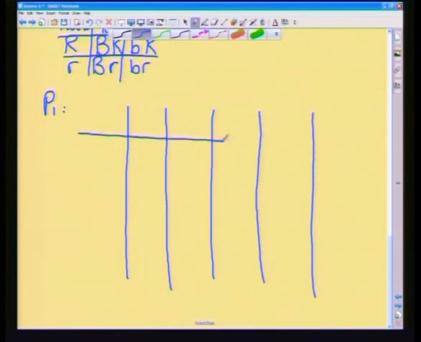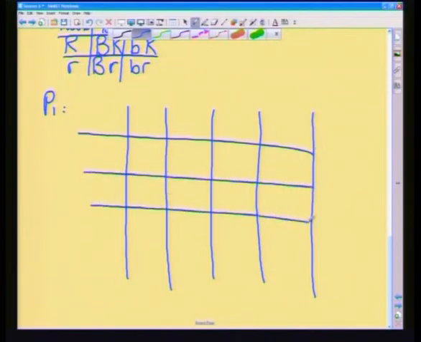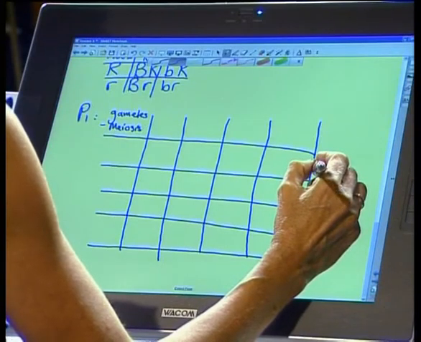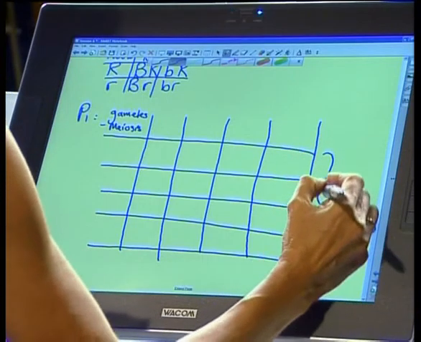And then we go our gametes, and the gametes undergo meiosis, and these would be all the combinations we have when fertilization occurs.